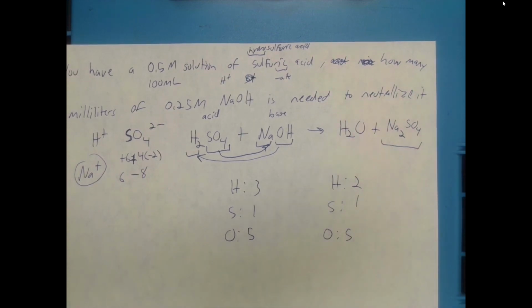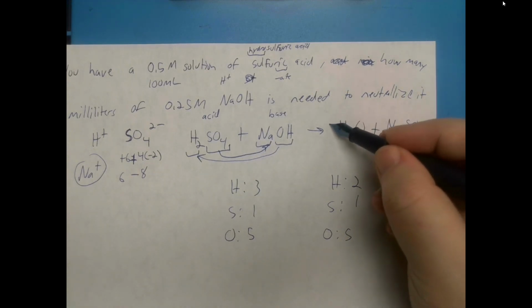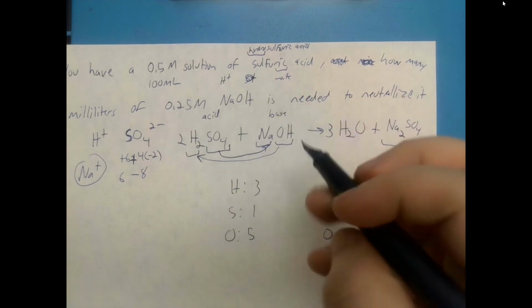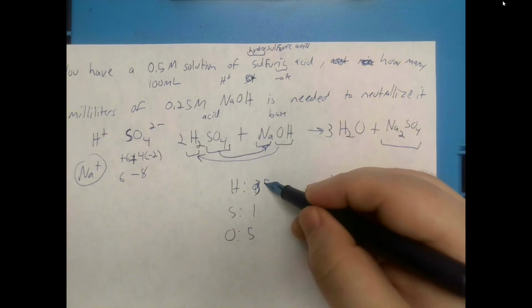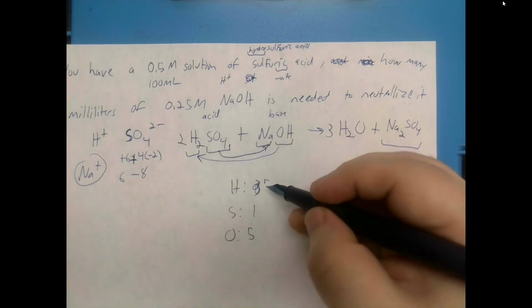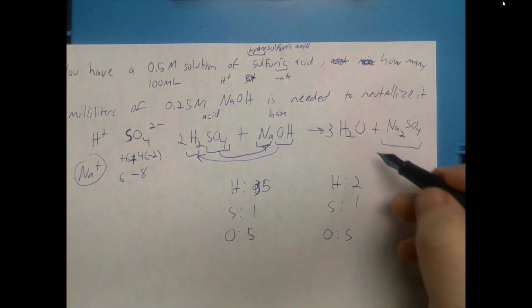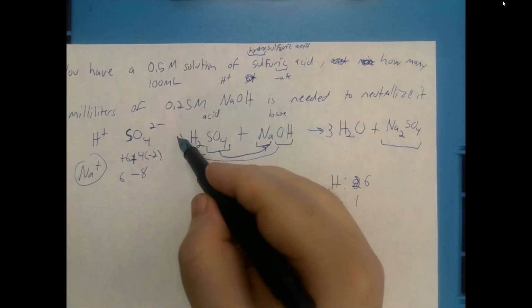It looks like the only choice we have is to start with the hydrogen. So put a 3 here, 2 here. So that gives me 5 hydrogen. And that gives me 6 hydrogen over here. It's not the right choice.